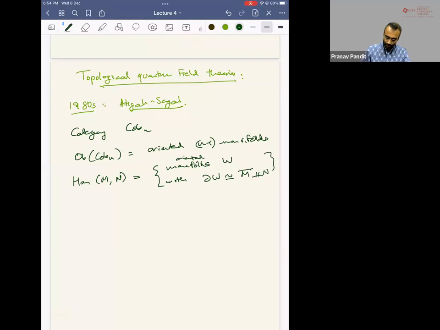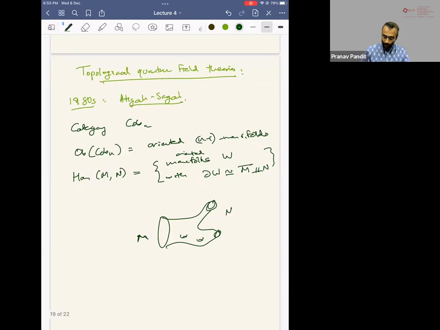So here's a picture. This is my M, this is my N. N is two circles in this cartoon picture, and M is some manifold, up to equivalence, where equivalence is diffeomorphism relative to boundary. And composition is gluing.